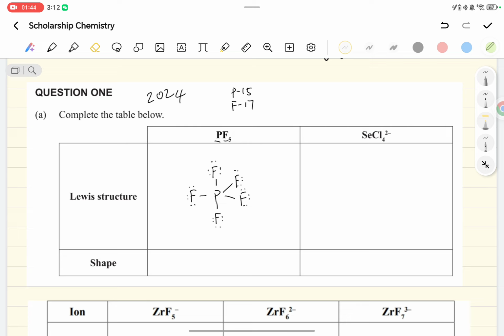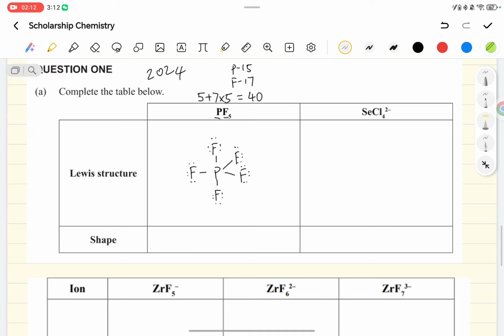Since P is in group 15, it has 5 valence electrons, and F is in group 17, so there should be 7 times 5, so there should be a plus here, valence electrons. So 5 coming from the P and 5 times 7 coming from the 5 fluorine atoms. And this gives us 40 valence electrons.